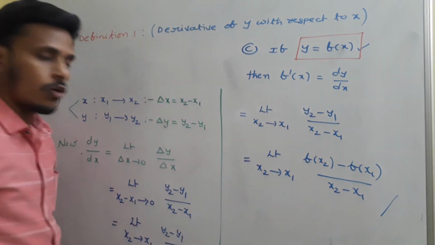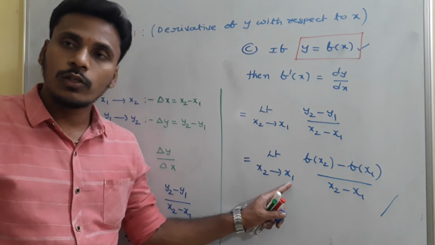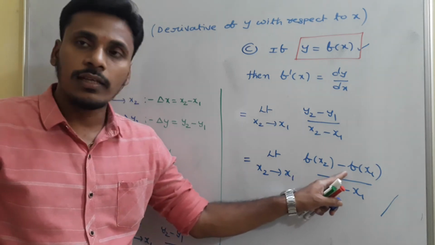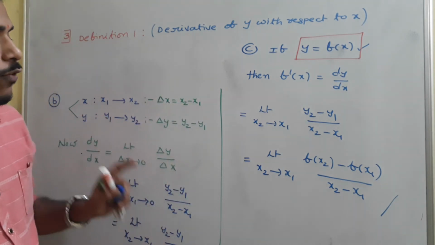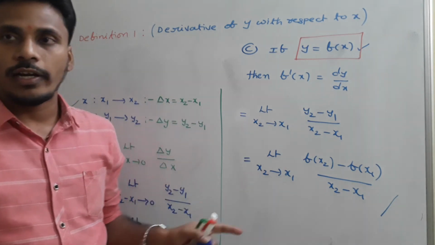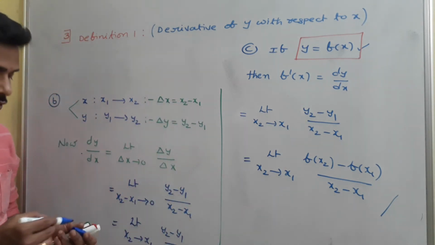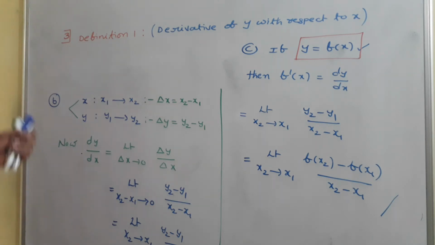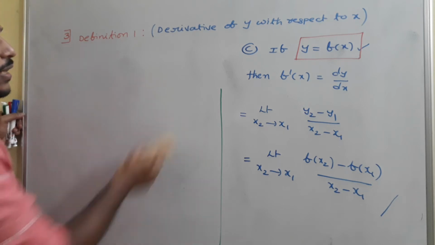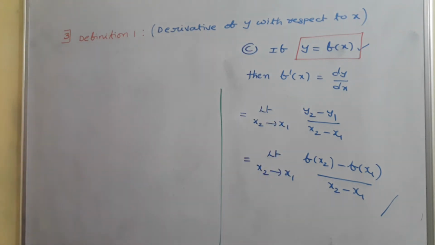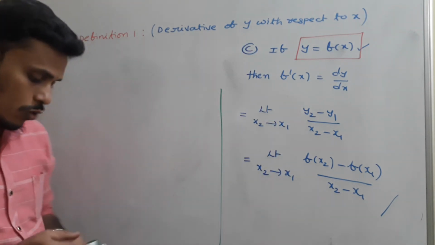You just observe it, okay? Limit x2 tends to x1, f of x2 minus f of x1 by x2 minus x1. Okay, if x1 and x2 are two different points, right? Just have a look, and then I will rewrite it in such a way. For suppose in this discussion we are considering that x is changing from x1 to x2.